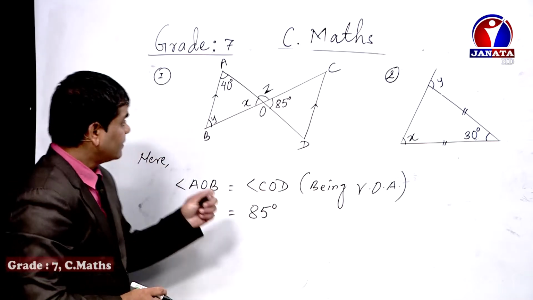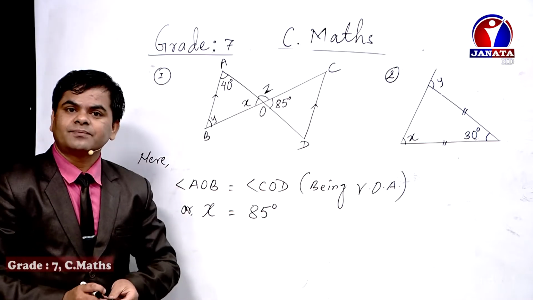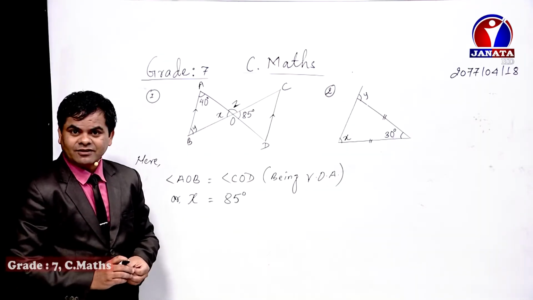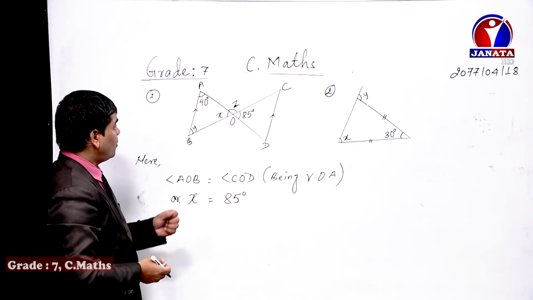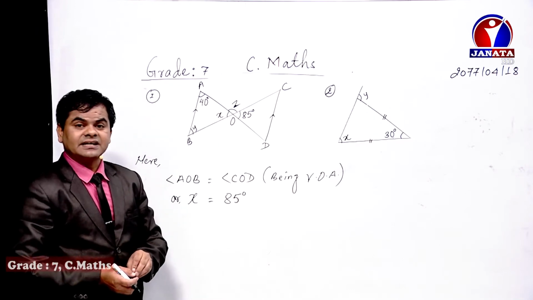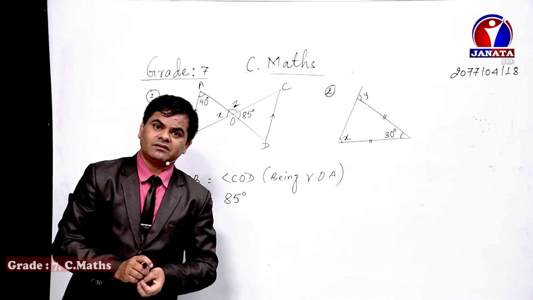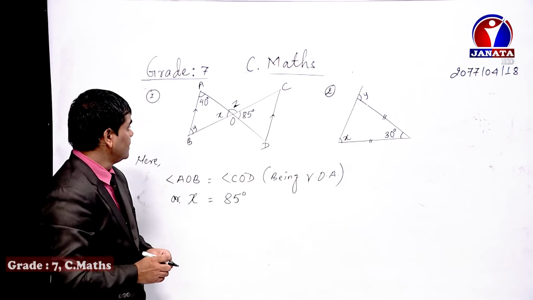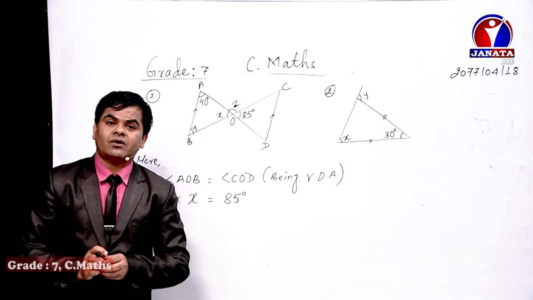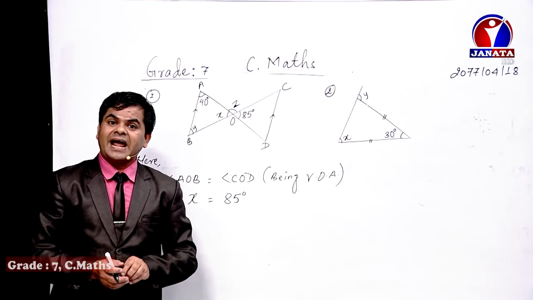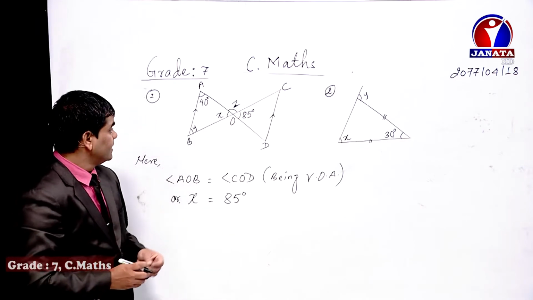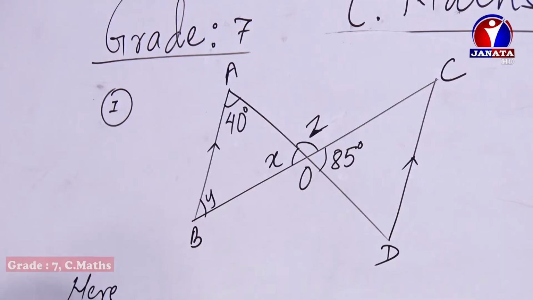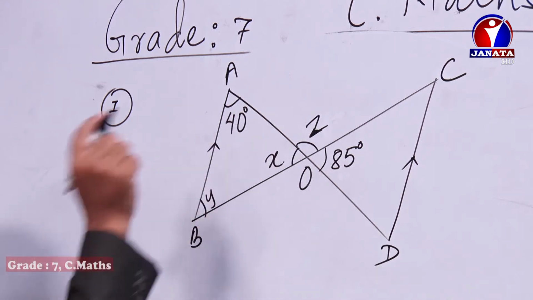Dear student, in the bygone days I had discussed the sum of angles of a triangle, the different types of angles and different types of triangles. Whether the triangle is scalene, right angle, isosceles or equilateral, it doesn't matter whether the triangle is bigger or smaller, the angle sum becomes 180 degrees. So in this triangle AOB, we have found the value of X as 85 degrees, and one angle is given as 40 degrees.